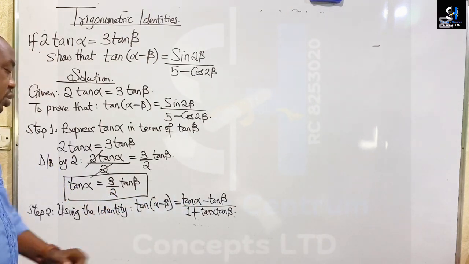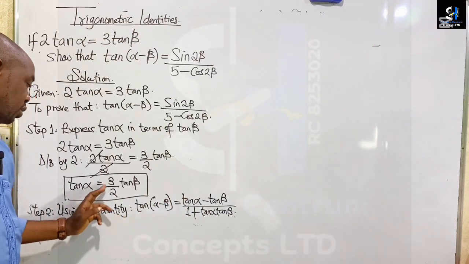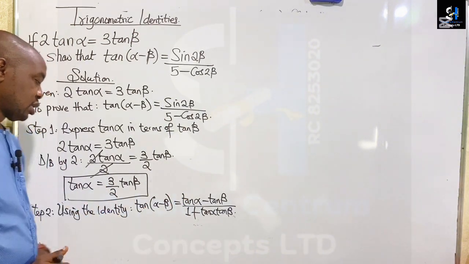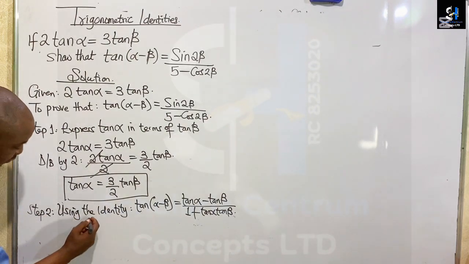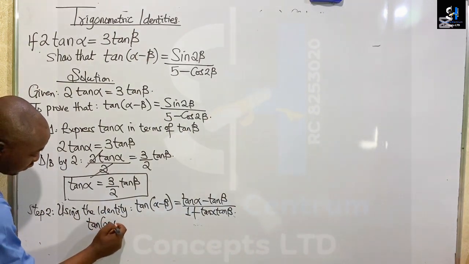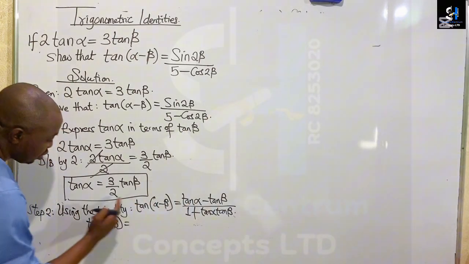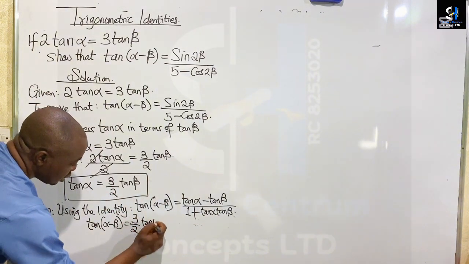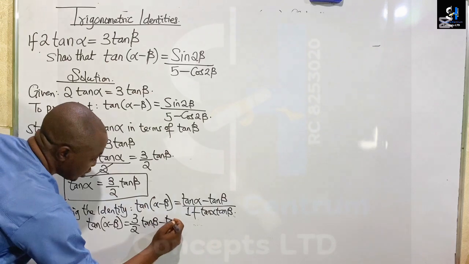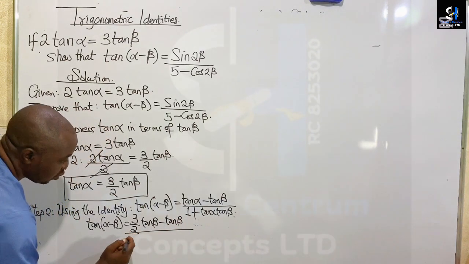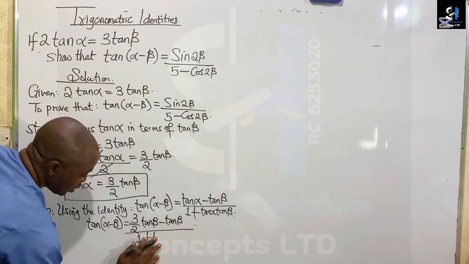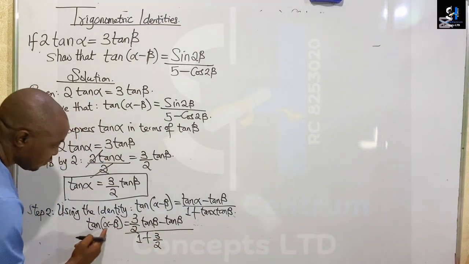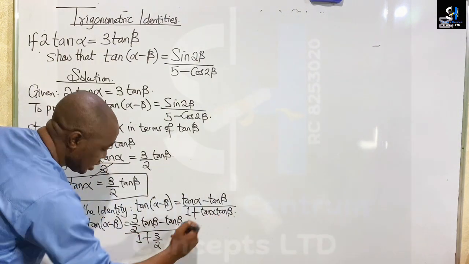We are now going to substitute 3 over 2 tan beta for tan alpha in this equation. So we have tan of alpha minus beta equals 3 over 2 tan beta minus tan beta, all over 1 plus 3 over 2 tan beta multiplied by tan beta.